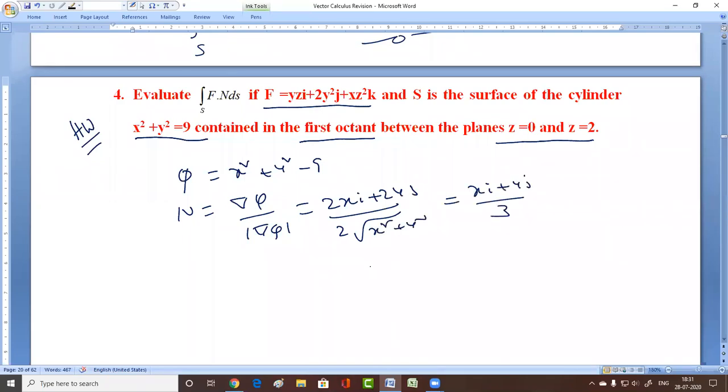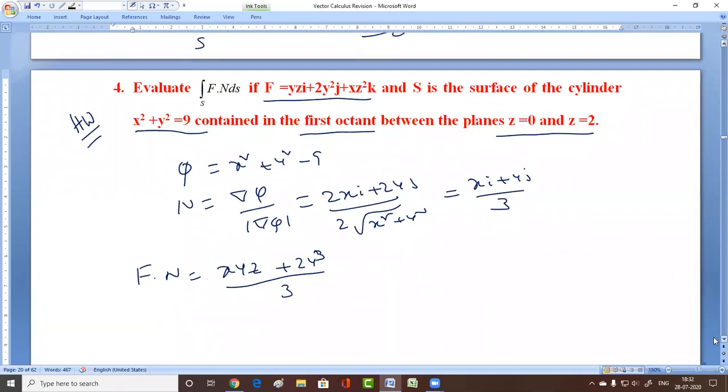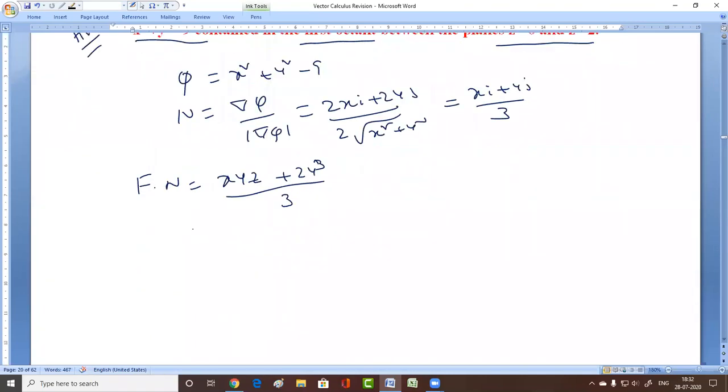Now f dot n is known. Multiplying the corresponding i coefficient, we get xyz plus 2y cube by 3. Now S is projected on the yz plane. ds equals dy dz by modulus of n dot i, that is dy dz by x by 3, with a similar procedure.